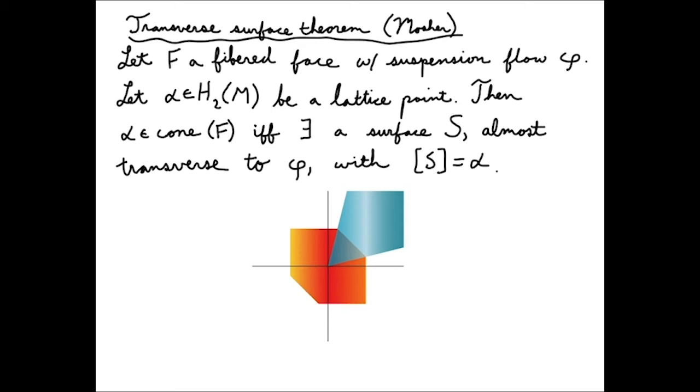So this incorporates the picture of Fried, right? This is definitely true for the interior of the cone because these are all represented by cross-sections, but it's saying that on the boundary of the cone there's at least one representative that is almost transverse to this flow.